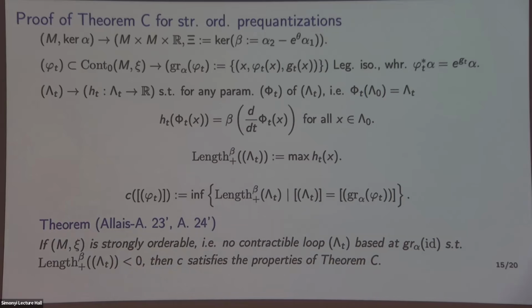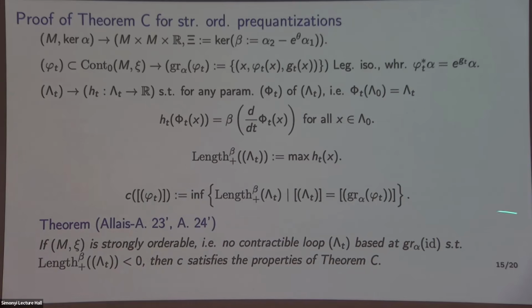A more geometric way to think about that is that you don't have any contractible loop of Legendrians whose speed is transverse to the contact distribution. You cannot find this kind of contractible loop. Then this map satisfies all the assumptions of theorem C.